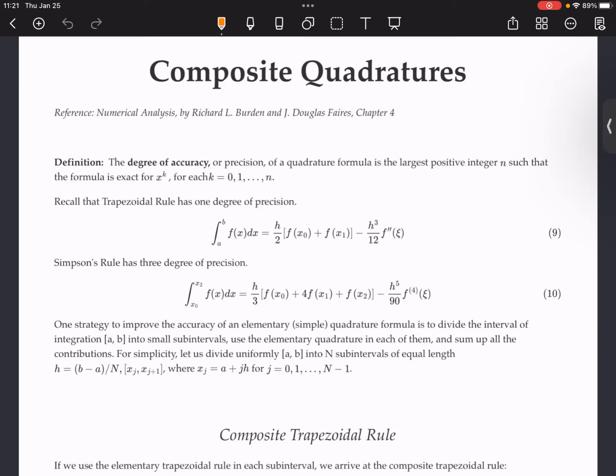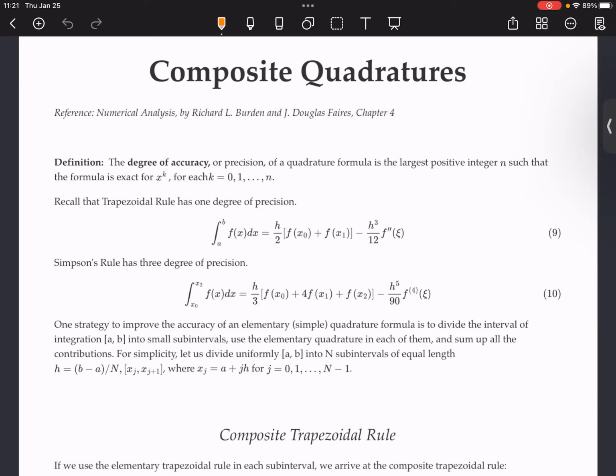Which means that the largest positive integer for the degree of the polynomial should be 1. So we would say the trapezoid rule has 1 degree of precision.